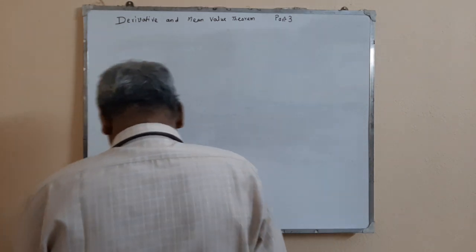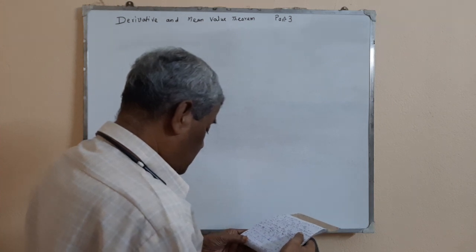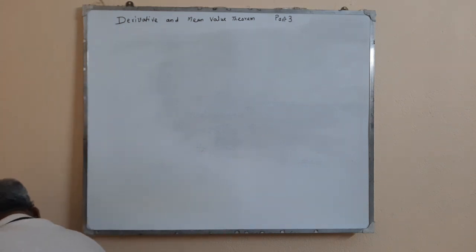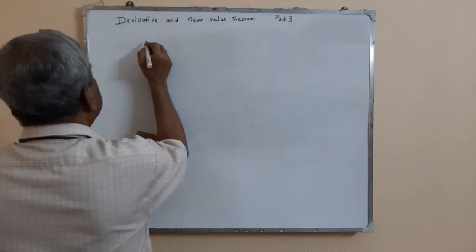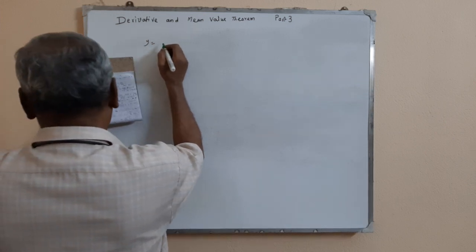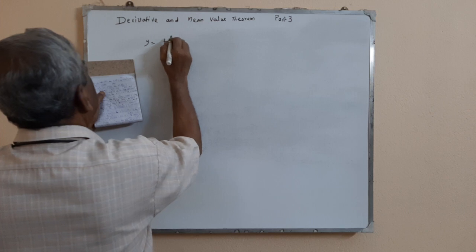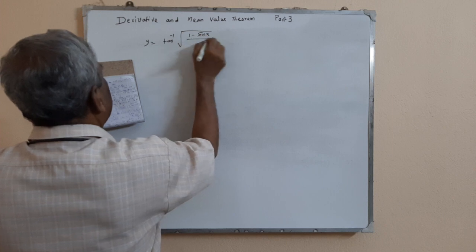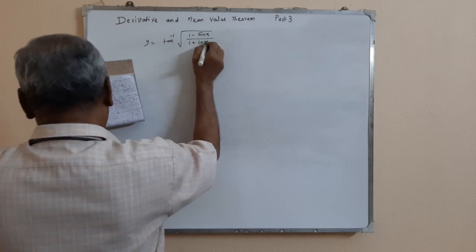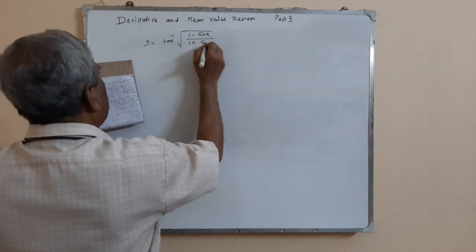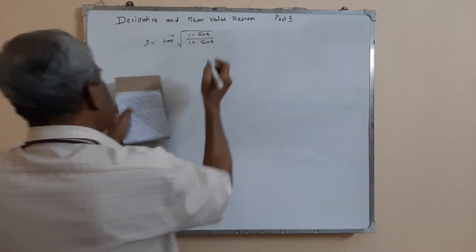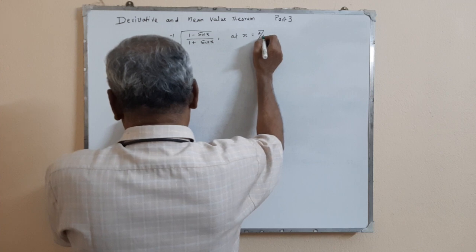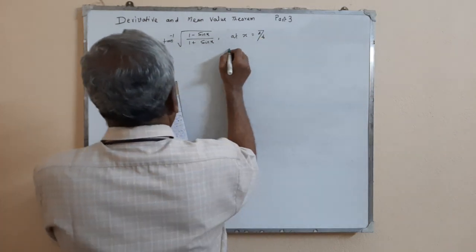Now the next problem is: if y is equal to tan inverse of root over 1 minus sin x by 1 plus sin x, then at x is equal to pi by 6, dy/dx is.